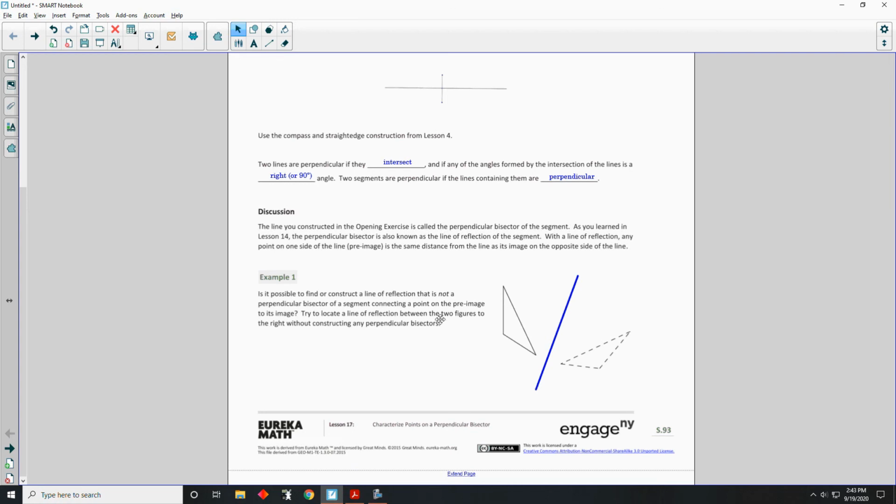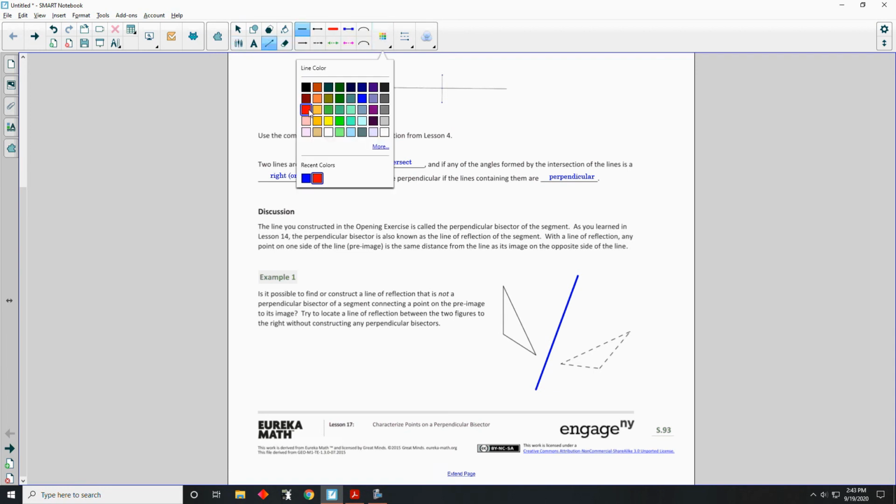It says try to locate a line of reflection between the two figures to the right without constructing any perpendicular bisectors.